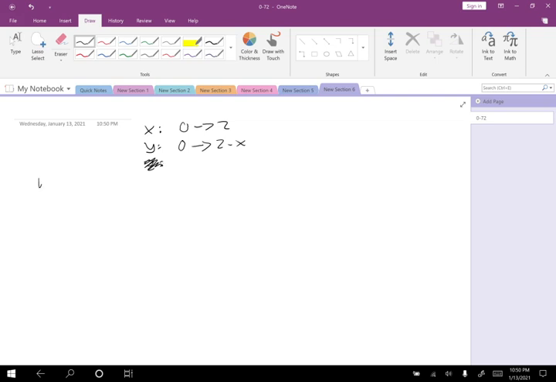So now we're on step 6. Write out a double integral for the volume. So for example, we'll get 0 to 2, that's our x.